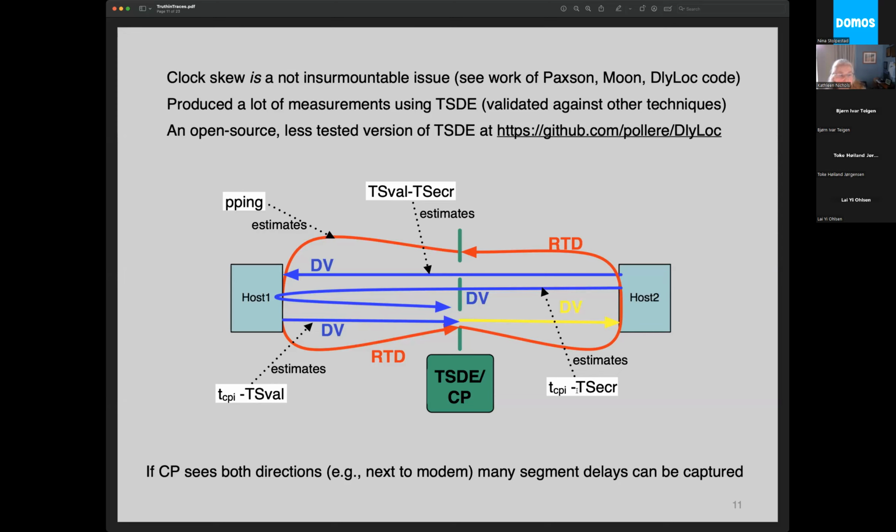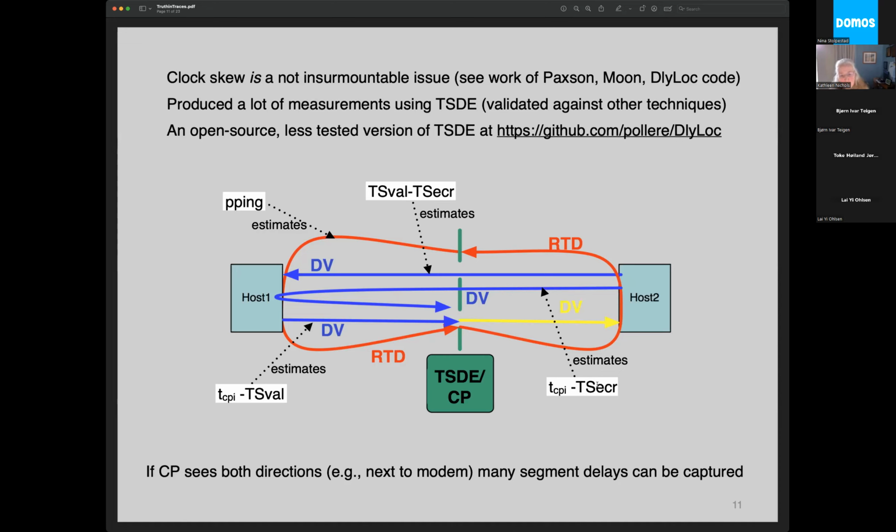Then we can also compute the time at the capture point minus the echo reply time, and we're estimating this delay, but this is a really noisy, crappy measurement. I never got great results with this, well, a few times, so it's a funky measurement. This one gives you the delay from host 2 to host 1. It's the TS val minus the echo reply, and that's not bad. This is the best one, which kind of makes sense, and this one could be a little noisier, and this one's very noisy.